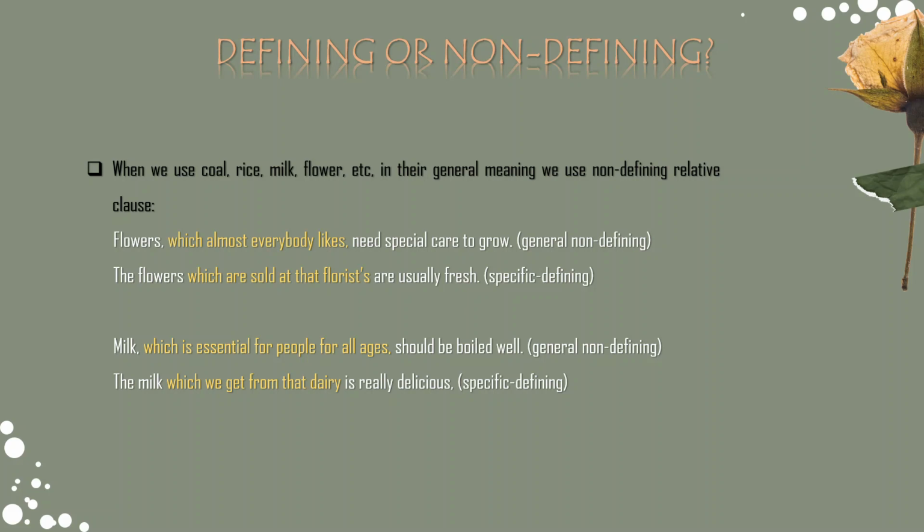Next, the flowers which are sold at that florist are usually fresh, is a specific defining. Next, milk, which is essential for people of all ages, should be boiled well, is a general non-defining. And the last one, the milk which we get from that dairy is really delicious, is a specific defining.